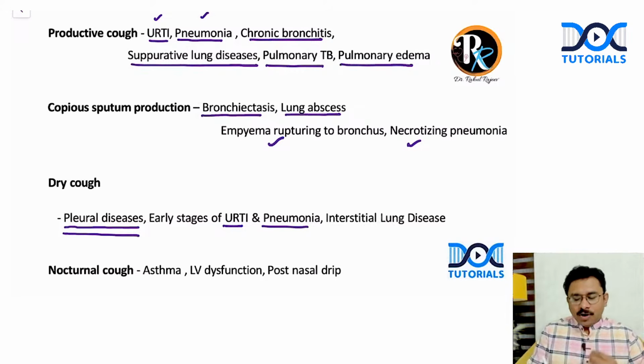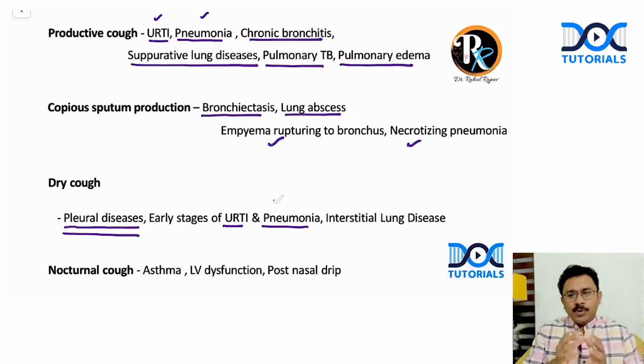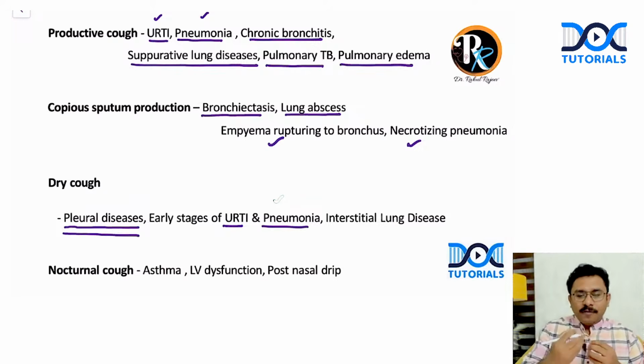If you take pneumonia as an example, in the early stages whatever fluid is inside the alveoli is taken up by the macrophages. So initially you will have a dry cough. But later, when the capacity of macrophages is exceeded, that is when you will have a productive cough in case of pneumonia. Then interstitial lung diseases, again very well known for a dry cough, important.